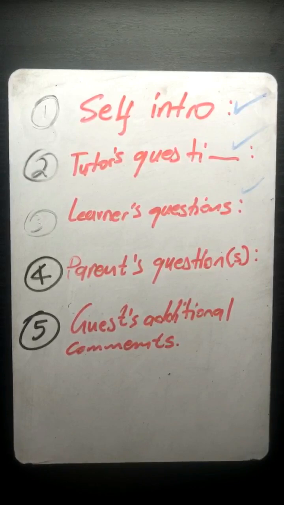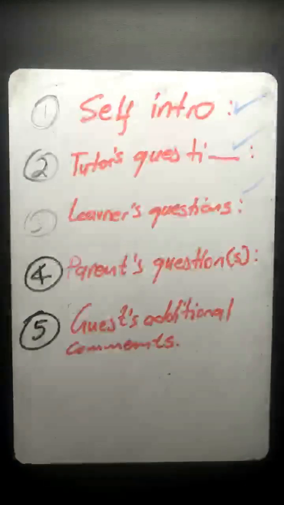Number 2, self-esteem, meaning, and how to deal with low self-esteem. Number 3, how to improve marks of difficult subjects. I think that's a repeat of the question that I received.